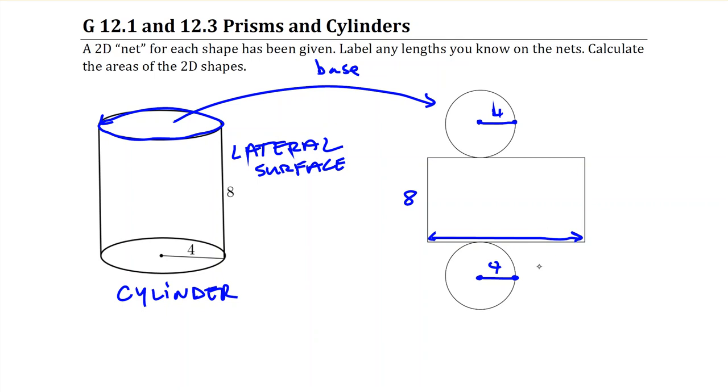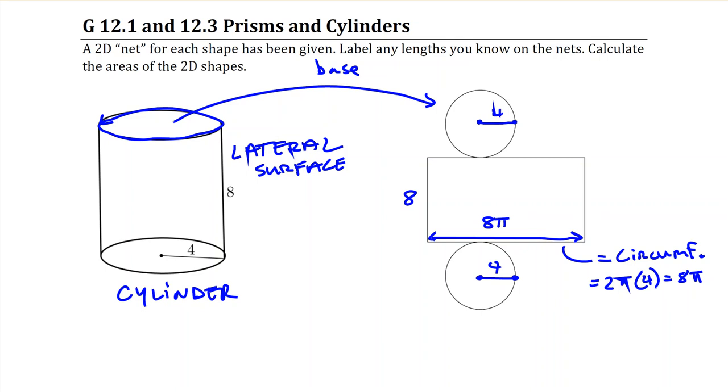We know that it has to roll up around the cylinder, so this length should be equal to the circumference of the base. Circumference is 2 pi r, so 2 pi times 4, or 8 pi for that length, which is going to be approximately 24, 25, but we'll leave it as 8 pi. We want to calculate the area of these shapes.